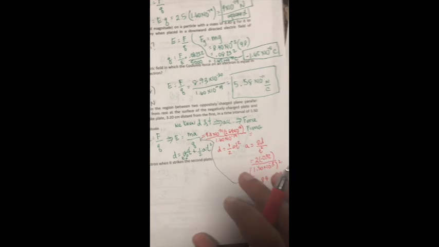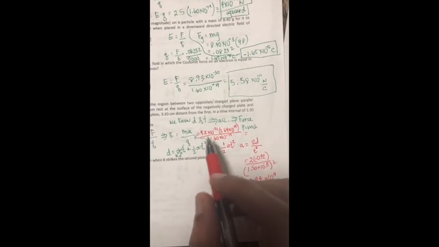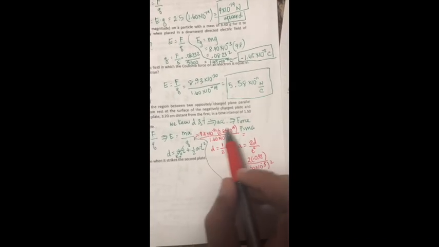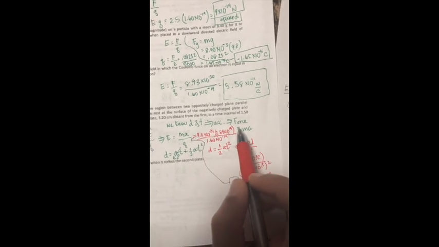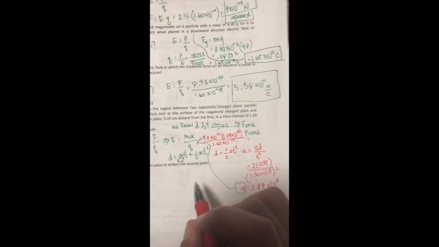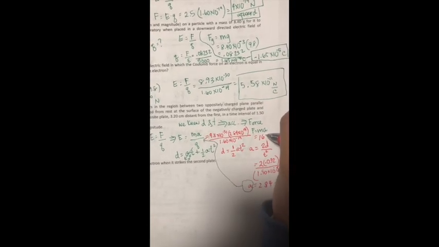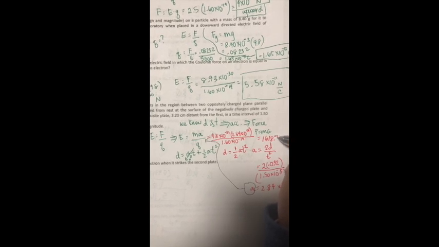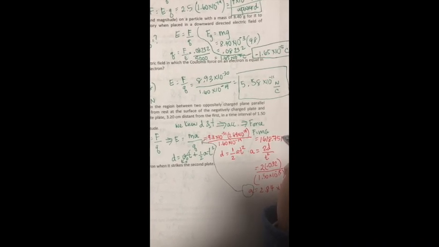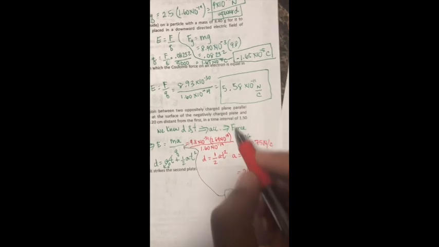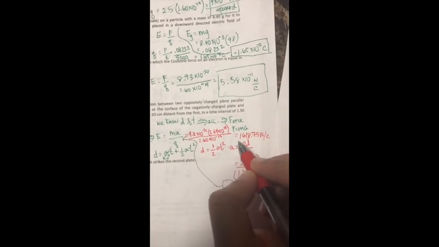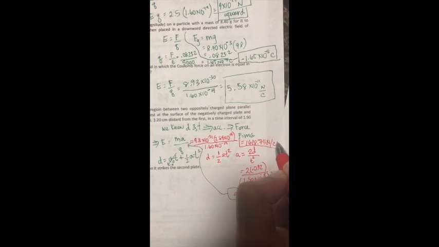Putting all of this in my calculator. Remember, put parentheses, and then do your numerator first, and then divide it by your denominator. What you're going to get is 1618.75 newtons per coulomb. I will put in my calculator for you guys, but my phone's about to die. It's on like 3%.